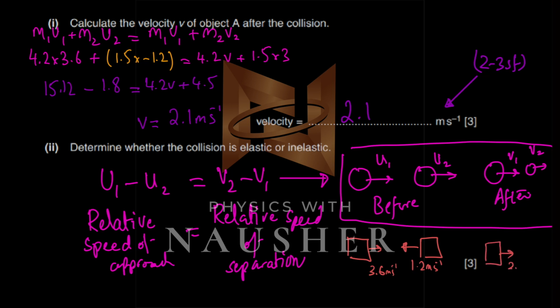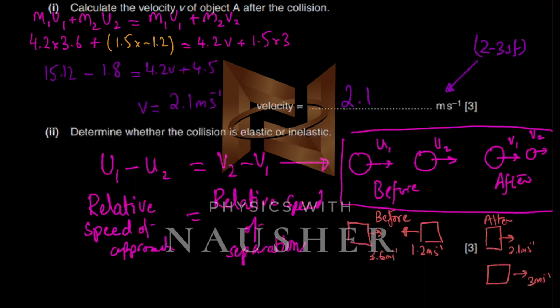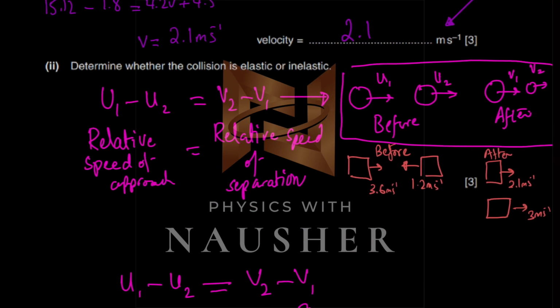For particle A, we found the speed to be 2.1 meters per second, and for particle B, the speed was 3 meters per second. This was after, and this was before. So when you're applying this equation, you need to understand that u1 minus u2 comes when both particles are moving right. Right now, one particle is moving left.